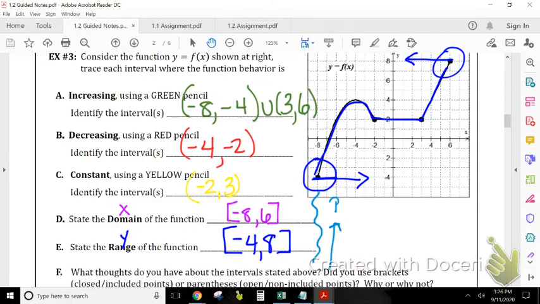So when did we use the brackets? We use the brackets for domain and range. And why did we use the brackets? Well, remember, it was because the endpoints were included.